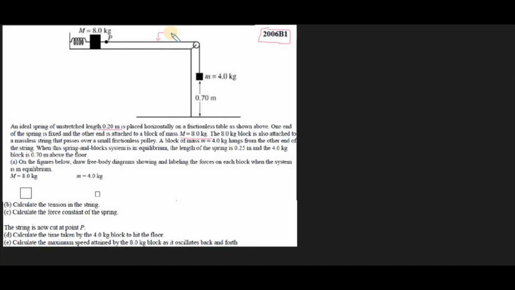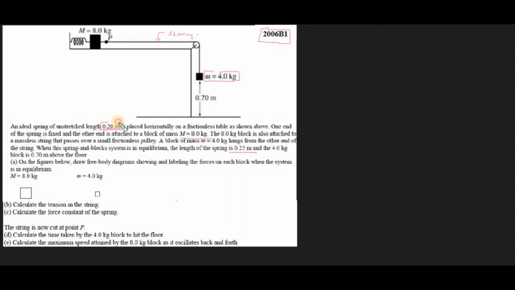This one is representing the massless string, which passes over a small frictionless pulley, and a block of mass 4 kg hangs from the other end of the string. This is a 4 kg mass attached to the string. When the spring and block system is in equilibrium, the length of the spring is 0.25 meter.